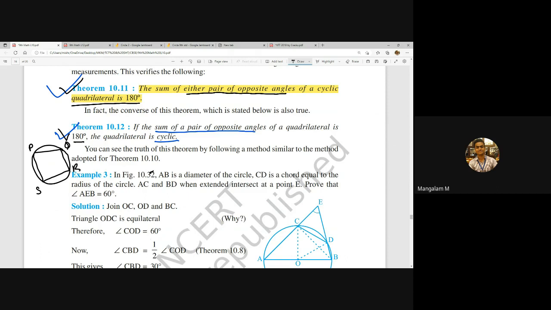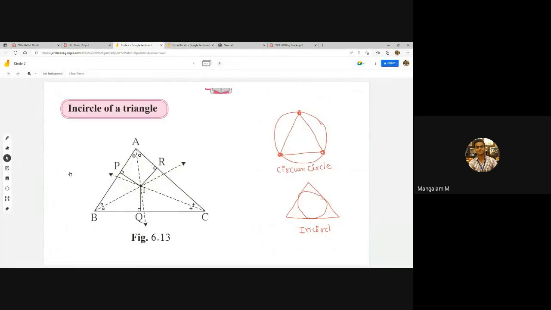Right now, you do not know whether PQRS is cyclic or not. But if it is given that the sum of angle P and angle R is equal to 180 degrees, then PQRS is a cyclic quadrilateral. We can also understand this.